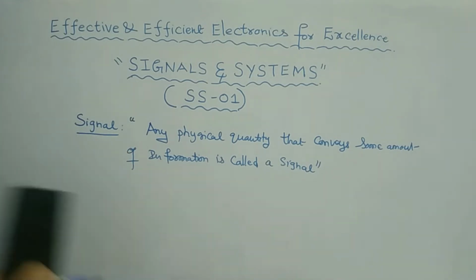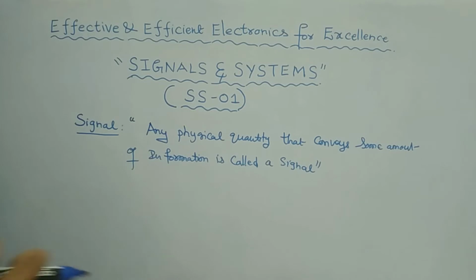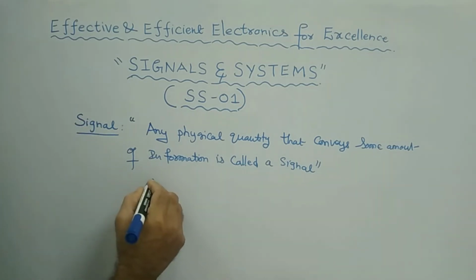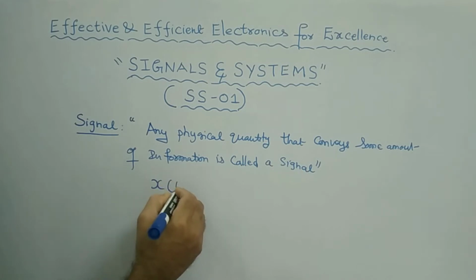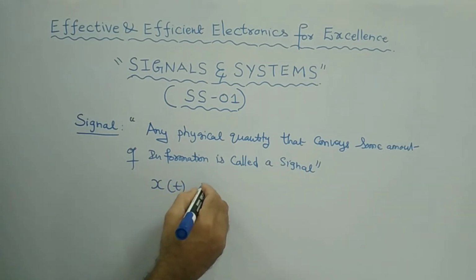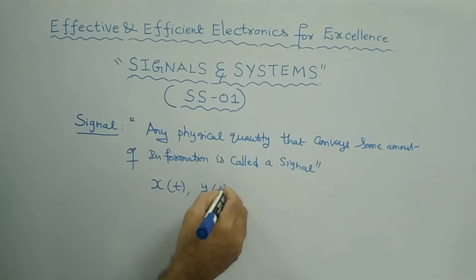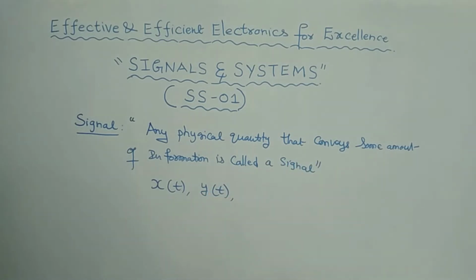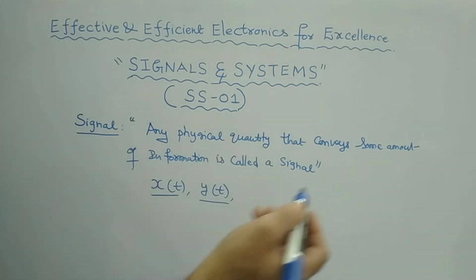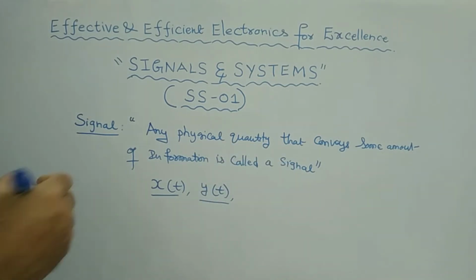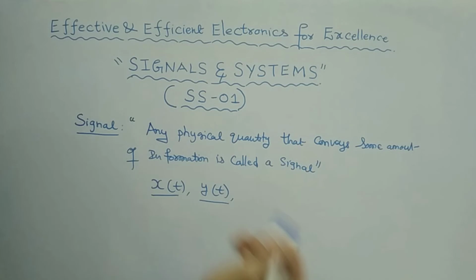And normally, as far as our subject is concerned, your signal is denoted by either x of t or sometimes y of t, or any other letter. This can be represented as x of t, y of t, or anything else, no problem. You can denote it by any letter.